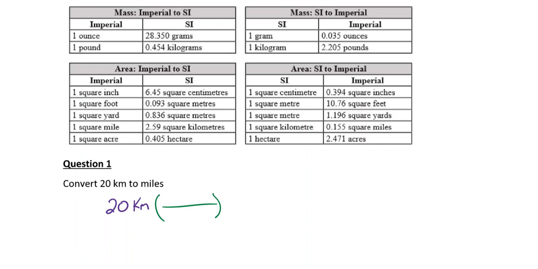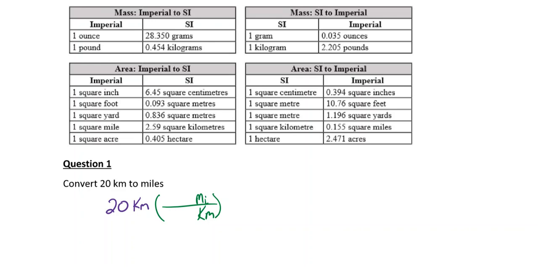Something over something. Now, am I going to put kilometers in the top or in the bottom? Bottom, right? Because I want to cancel it. That's the whole goal here. I want to cancel kilometers with kilometers, and then miles in the top.